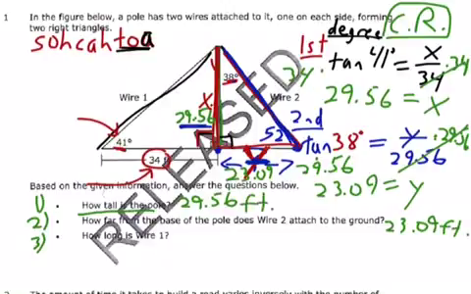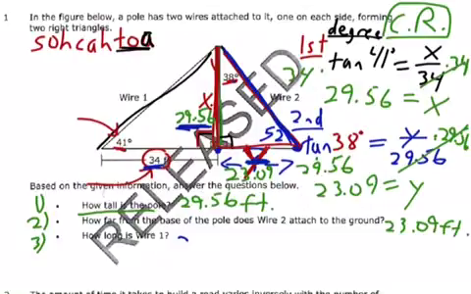And that says, how long is wire 1 is my third question. Wire 1. Well, we already know 2 of these dimensions, so we could use sine or cosine if we wanted. But since we know 2 sides of a right triangle, we could also just use Pythagorean theorem. So I'll go ahead and do Pythagorean theorem just to show you a different way. But like I said, you could do sine or cosine since you know both of those measurements, and it's a right triangle.